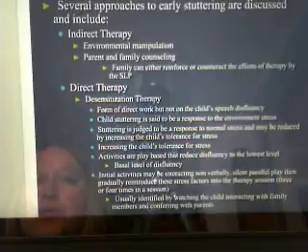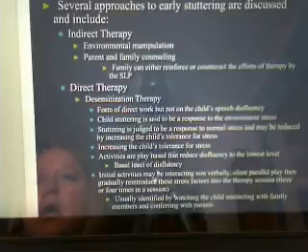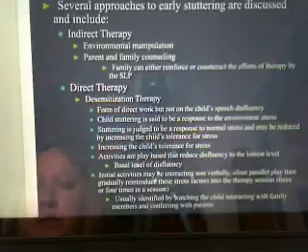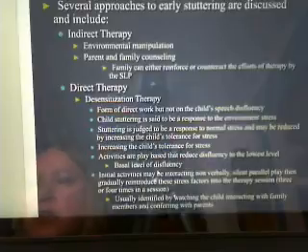One approach could be called indirect therapy, and that's when we do some environmental manipulation, meaning that we're looking at the environment to see if there's a lot of chaos or stress going on, pressures for the child to speak quickly, or anxiety in the child. We want to try and diminish that or get rid of that in their current life.